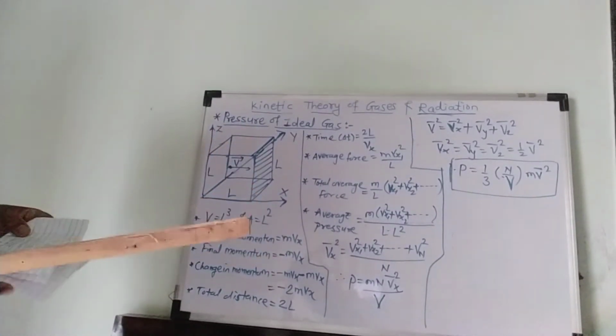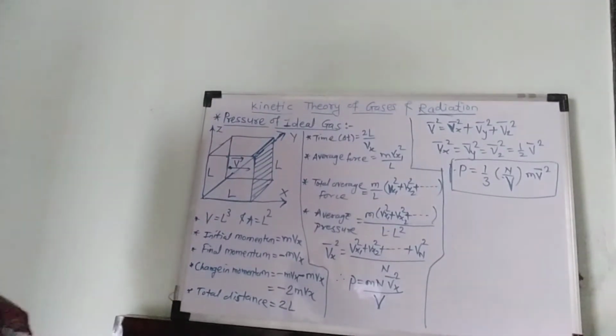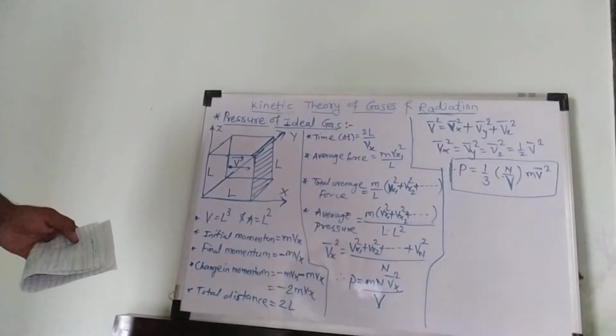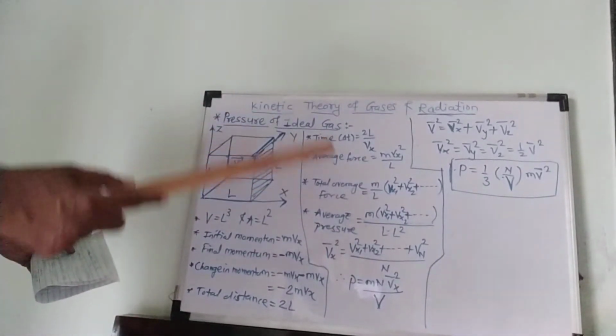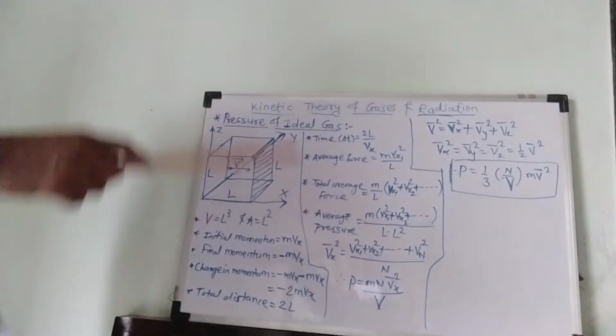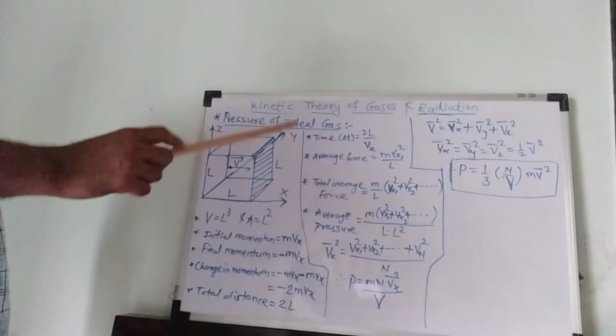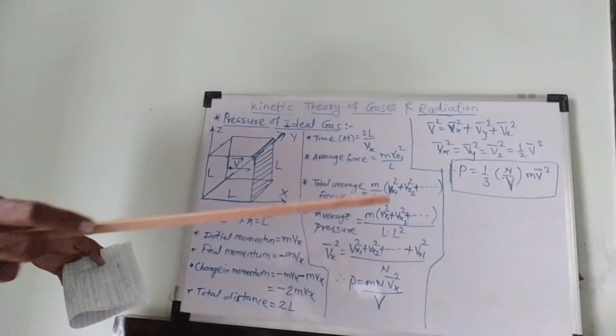Vx1 is the x component of the velocity of the first molecule. Then for the second, third, fourth molecules and so on, the x components of the velocities are Vx2, Vx3, Vx4 and so on.